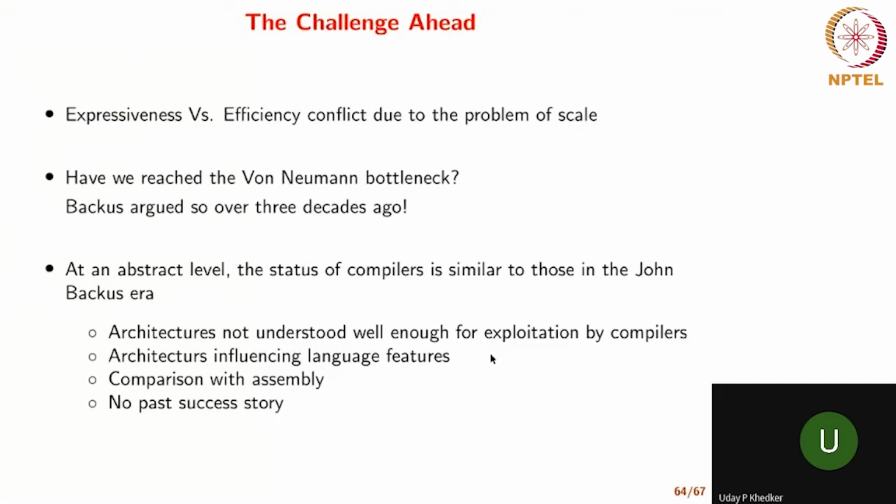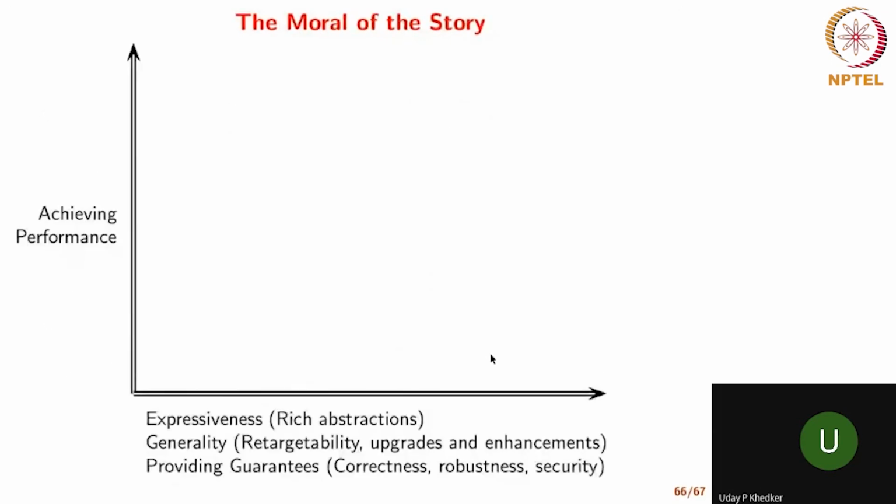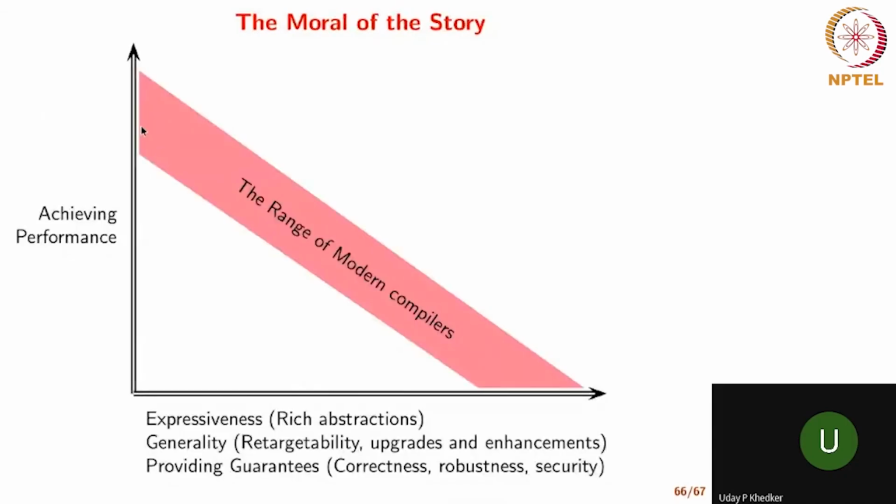So how do compilers exploit it? That's a challenge. Architectures are influencing language features. This graph recognizes the fact that architectures are becoming different from what they were, and that is why compilers can't achieve performance without giving up expressiveness.